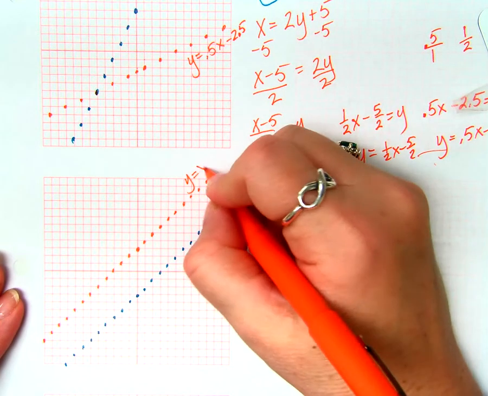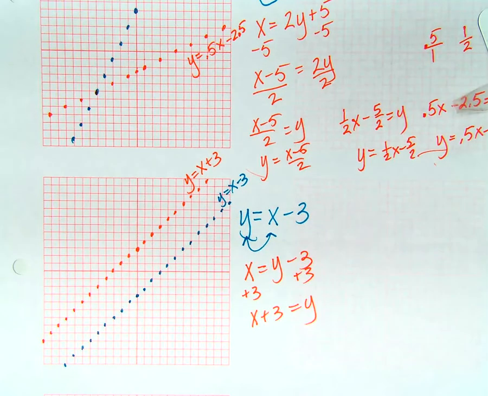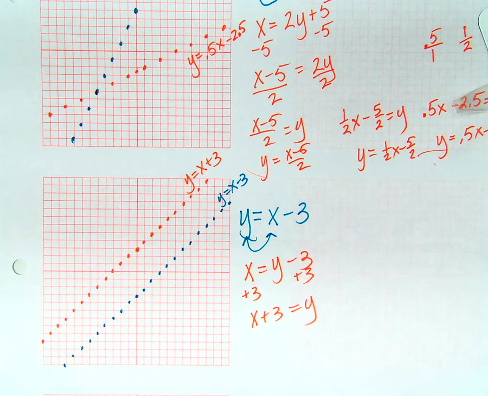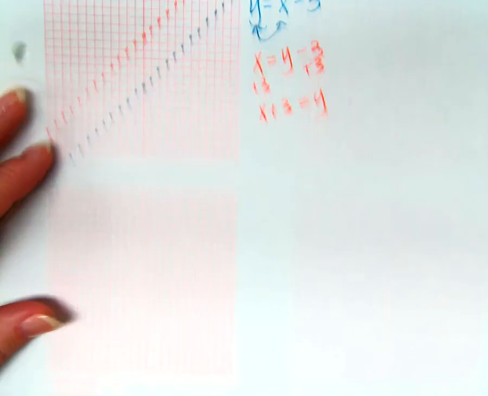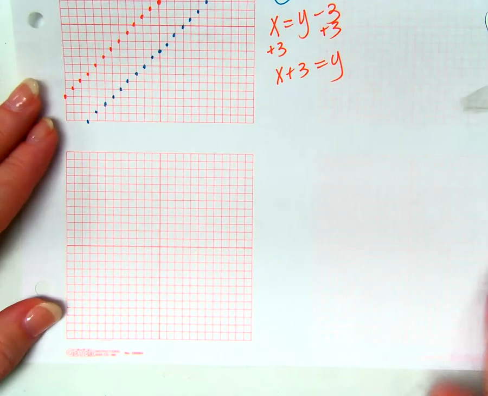Y equals x plus 3. Okay so far? Okay. We're going to do one more before I reveal our secret.